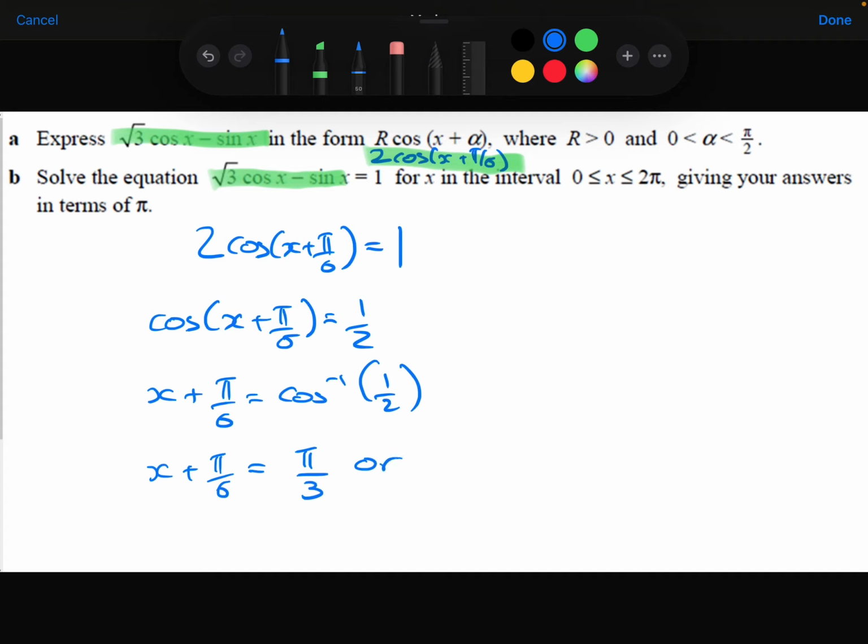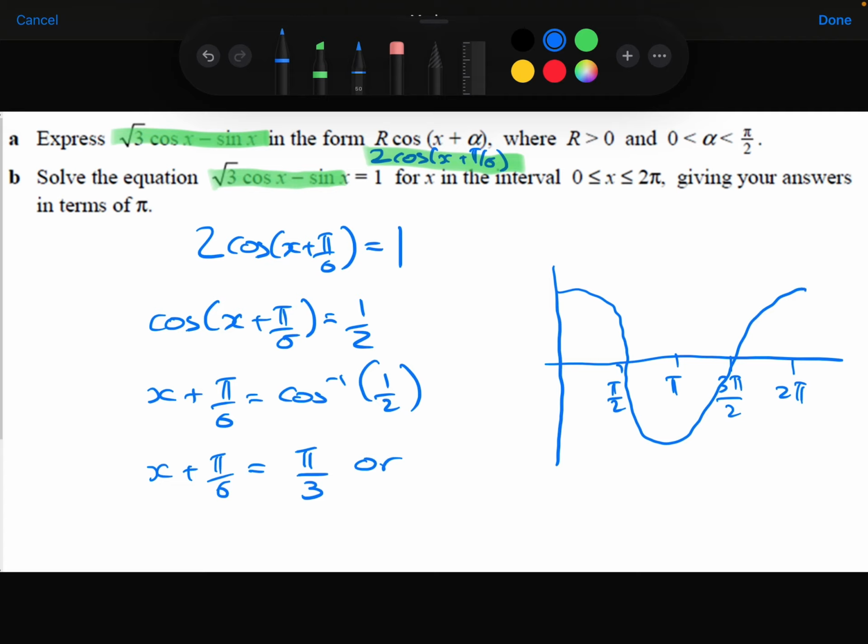Or, remember that whenever you do cos inverse, you're going to have to draw the graph to find the other solutions. I'm just going to draw the graph between 0 and 2 pi. So my first solution, pi over 3, is roughly here somewhere.